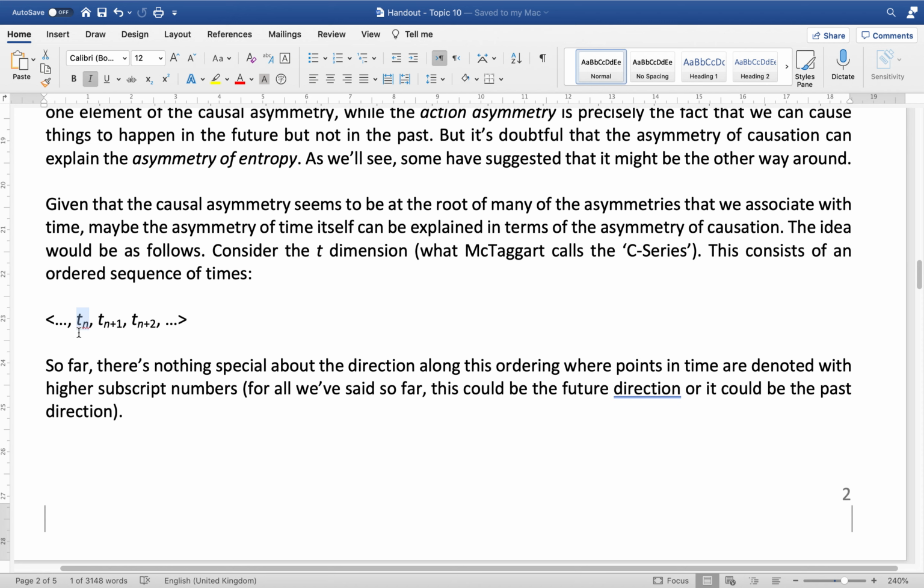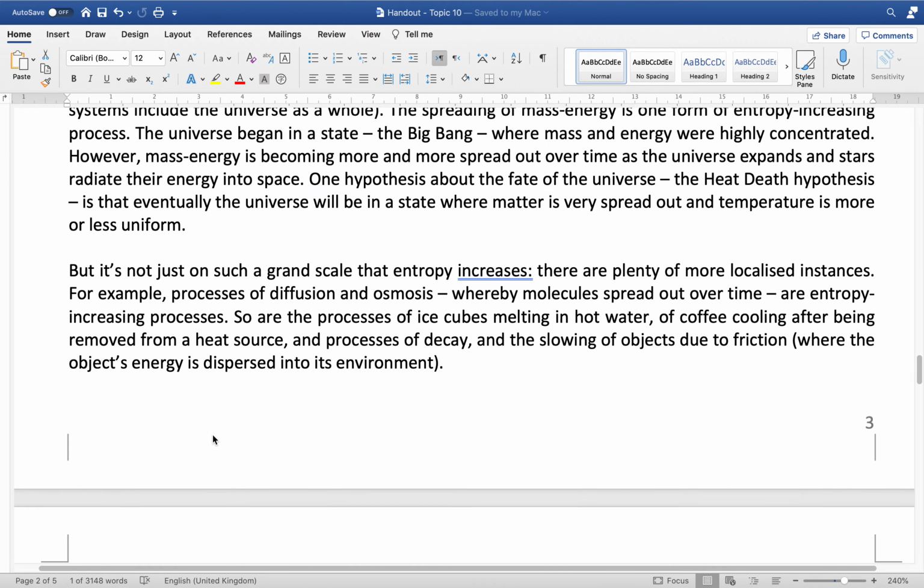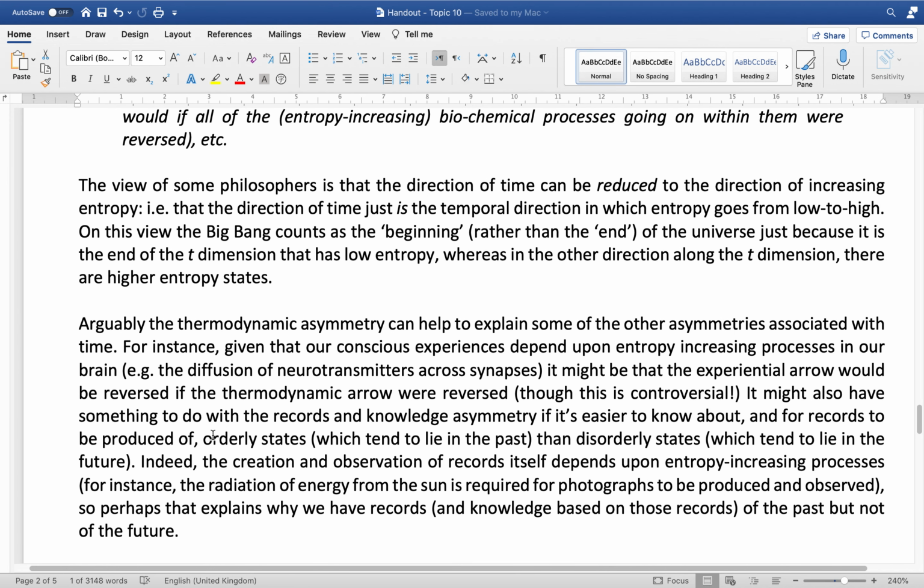Or conversely, if times denoted by t's with lower subscripts were times of higher entropy than those denoted with t's with higher subscripts, then we'd say the times denoted by t's with lower subscripts were the later times. So we can give that analysis without circularity.